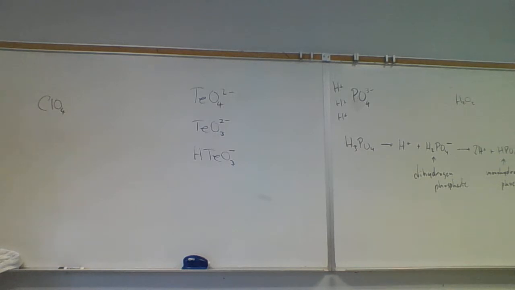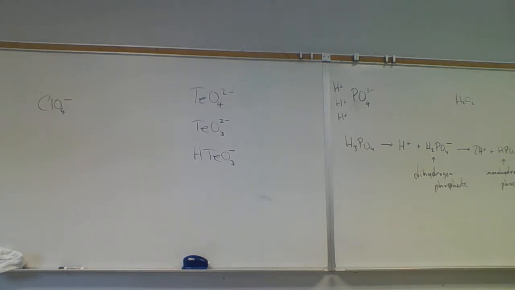Well, barium's charge is easy. What's the charge on barium? 2 plus. What's the charge on chlorate? 1 minus, therefore perchlorate will be the same. So the series all are going to have the same charge, 1 minus. We don't usually write the 1, but we'll write the minus here.